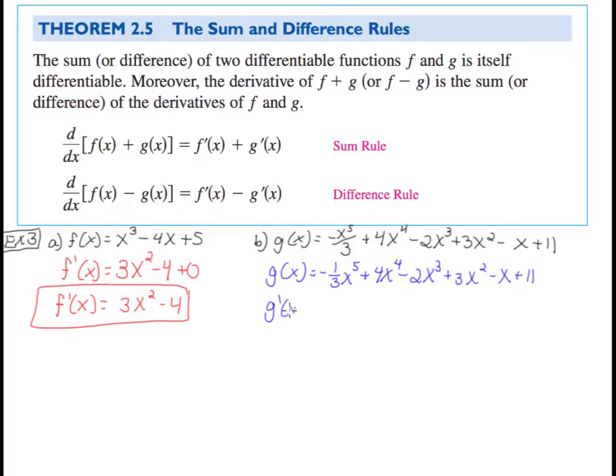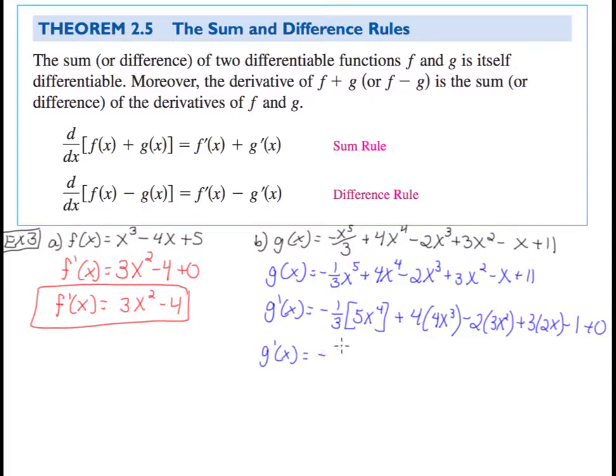So our derivative of g of x using our constant multiple rule would be -1/3 times the derivative of x to the 5th plus 4 times the derivative of x to the 4th minus 2 times the derivative of x cubed plus 3 times the derivative of x squared minus 1 times the derivative of x, which is 1, plus the derivative of a constant, which is 0.